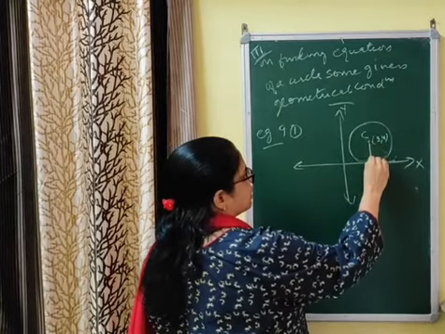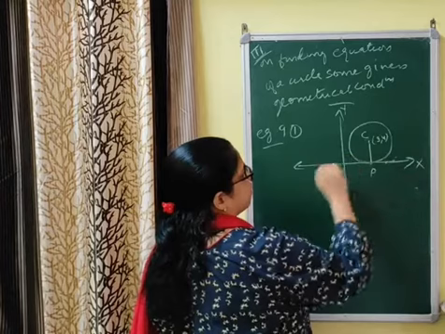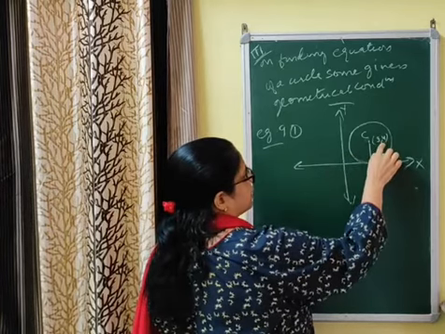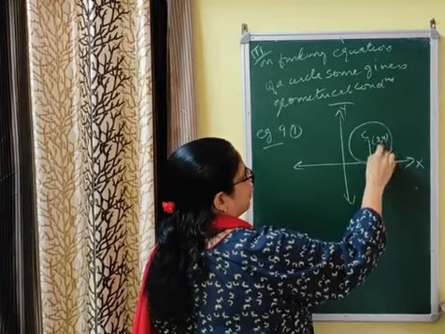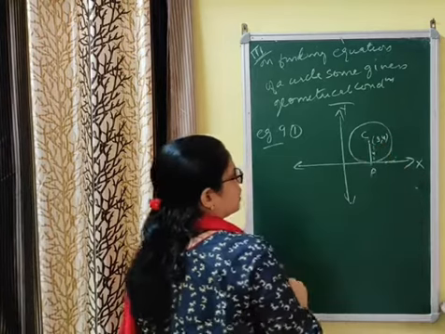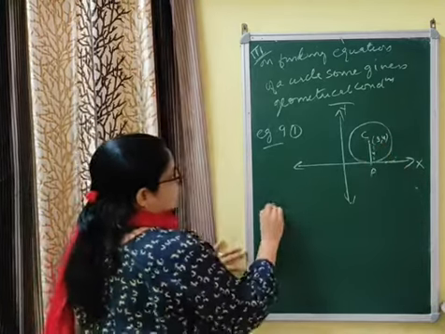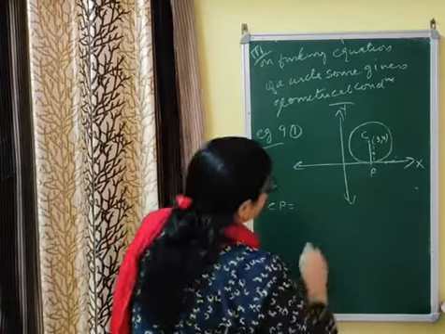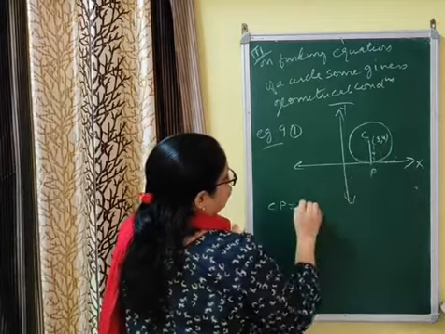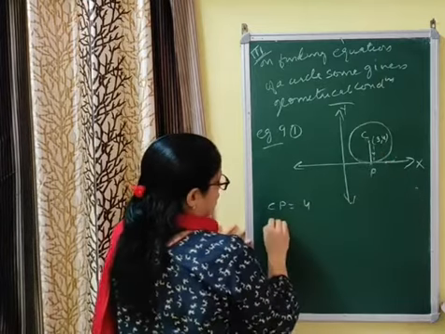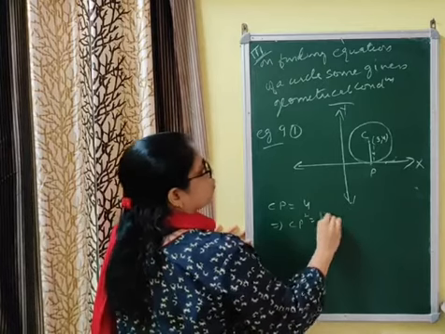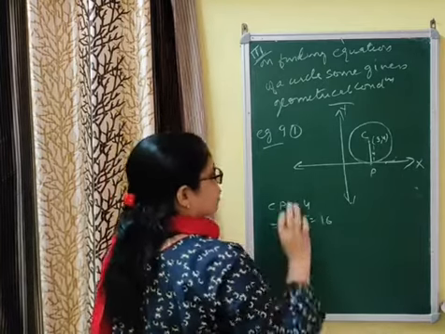Now this perpendicular distance represents the y-coordinate of this point, so this distance is 4 units. Then CP is equal to 4, because perpendicular distance implies CP squared is equal to 16.